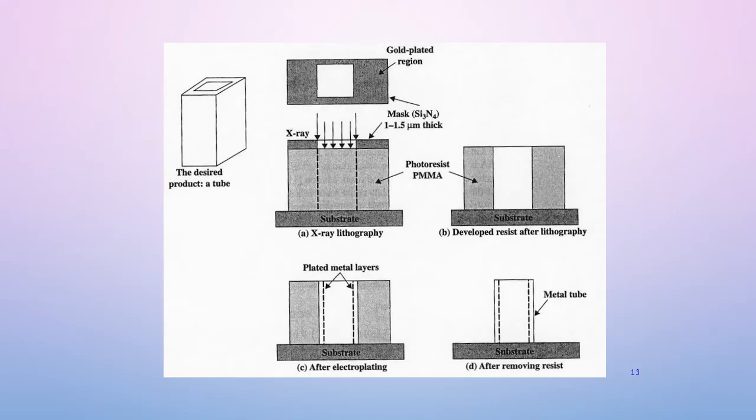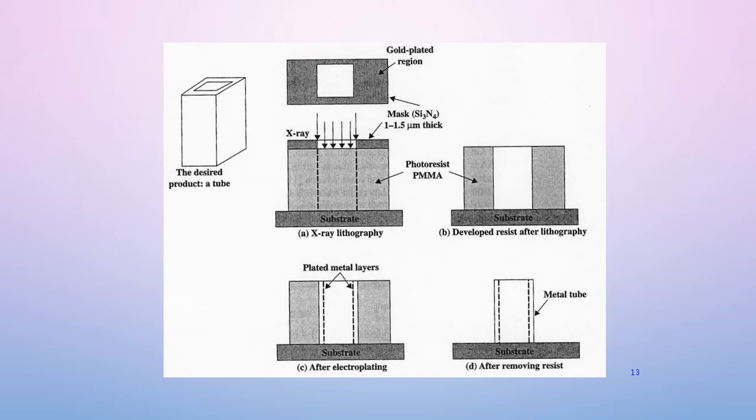So here is another example of the desired product that we want to produce using the LIGA. For example, this one, a tube that we want to produce. Okay, so then there will be a substrate on which you put the resist, and then you put the mask. Okay, this is the gold plated region mask.